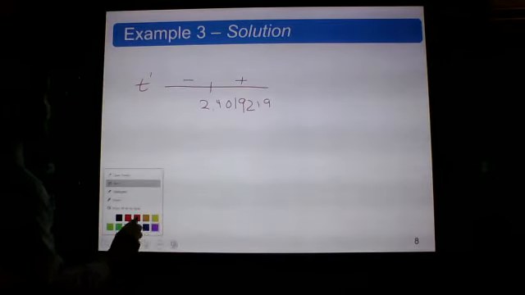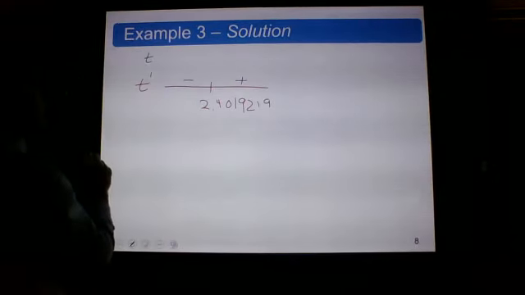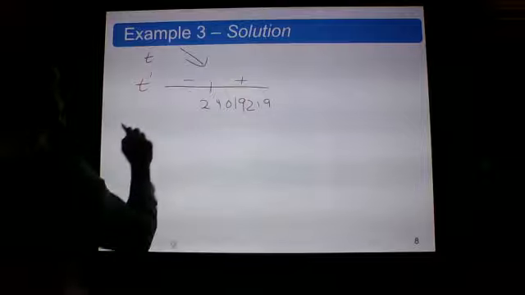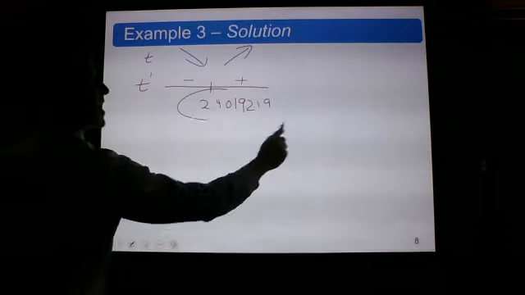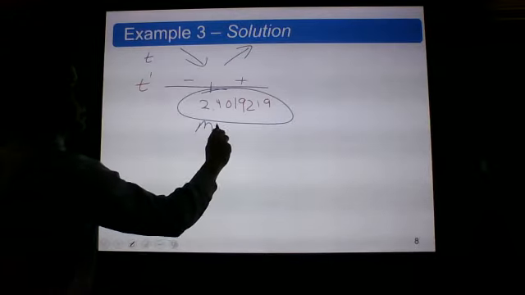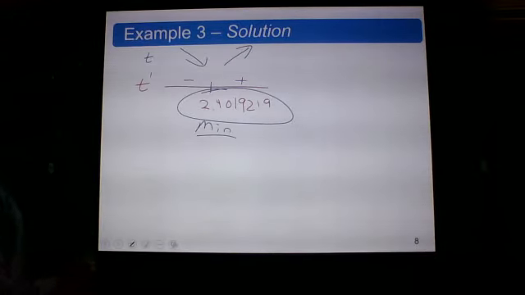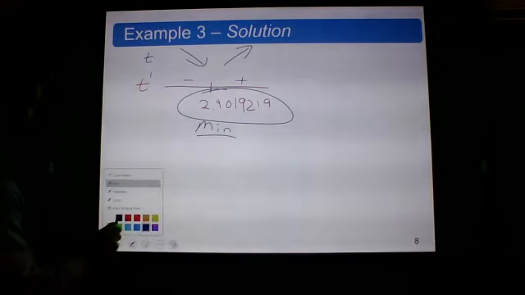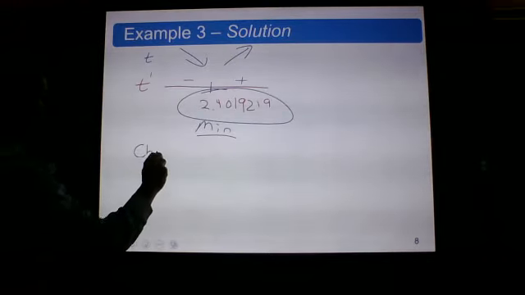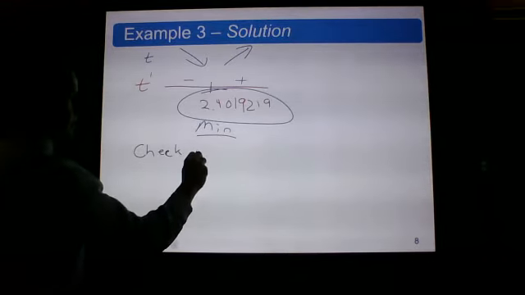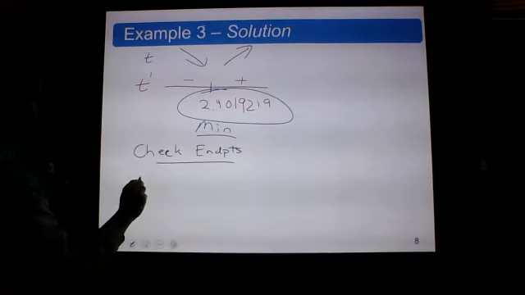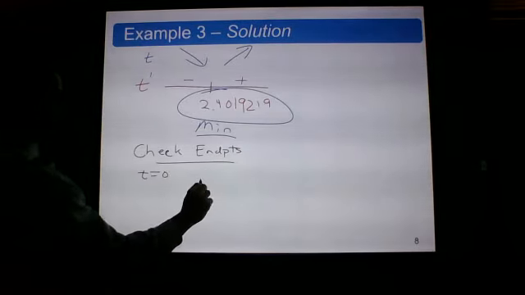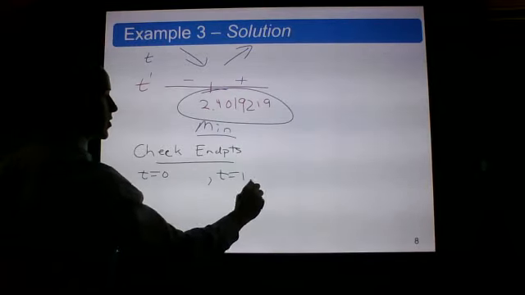So that tells us that for T, it was decreasing here, and now it's increasing there. So that makes this a minimum. In fact, if we wanted to, we could check the endpoints. Our endpoints would be t equals 0, and our other endpoint would be t equals 12.